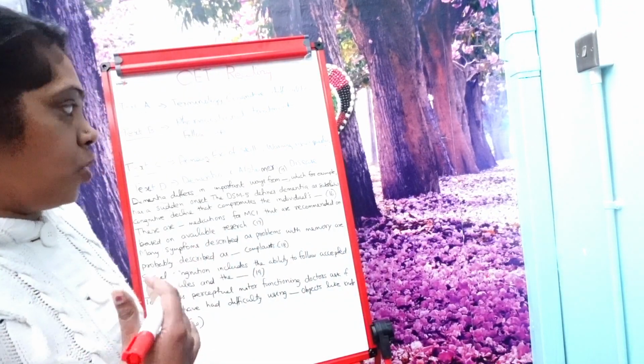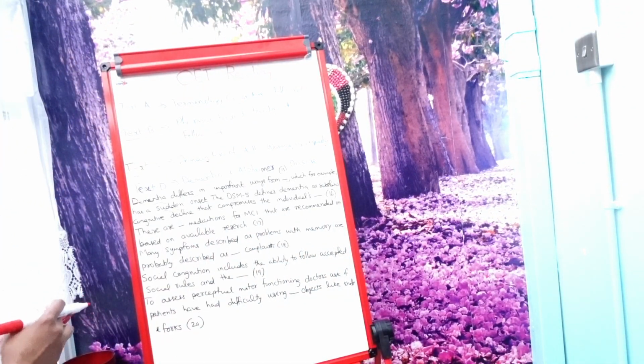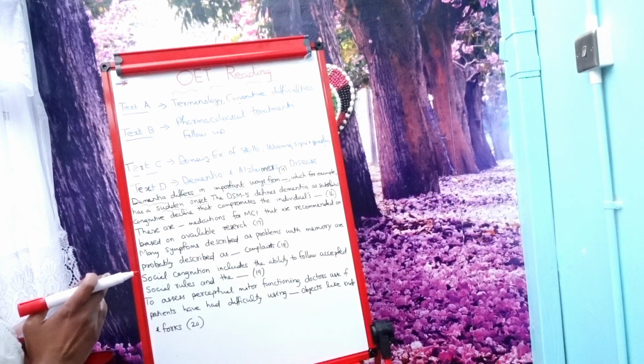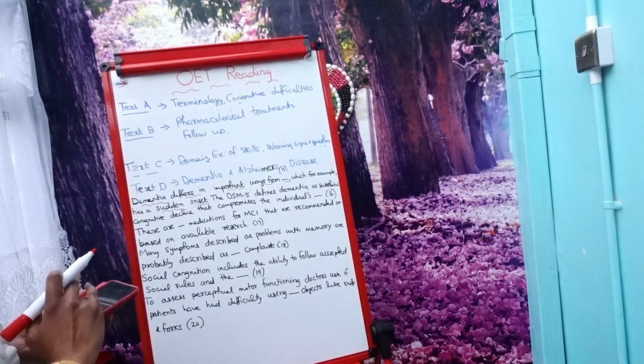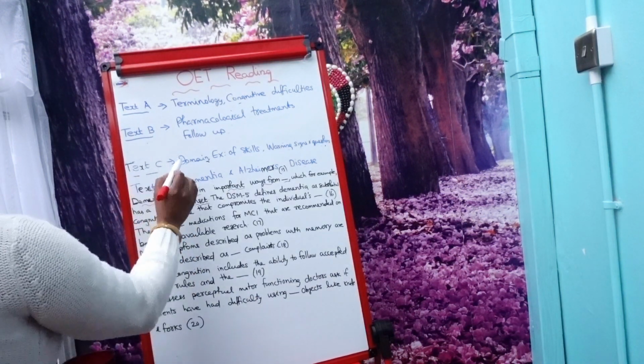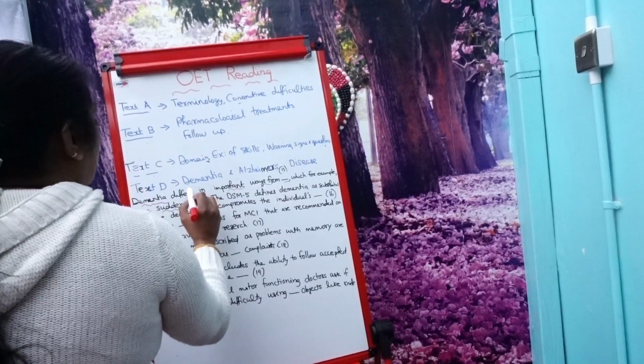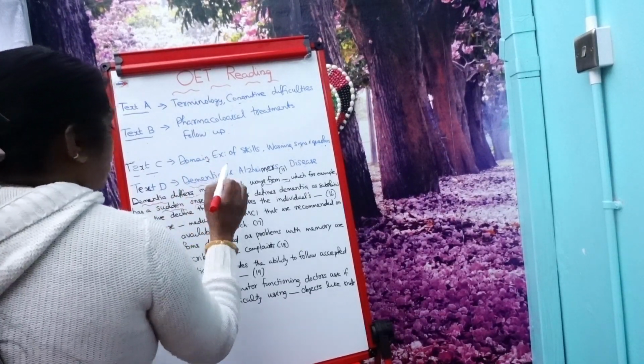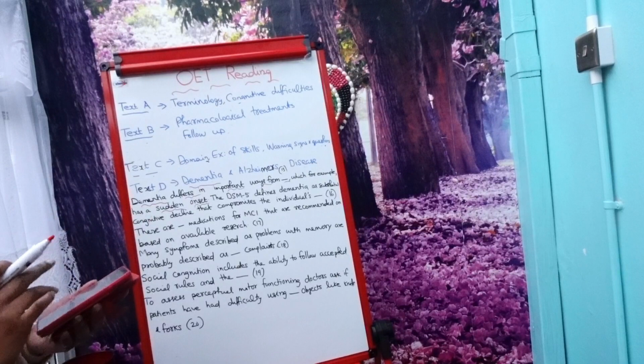So it depends on what the acute onset is. You can see the answer is in the text itself, in text D, like dementia. It says dementia and Alzheimer's, isn't it?